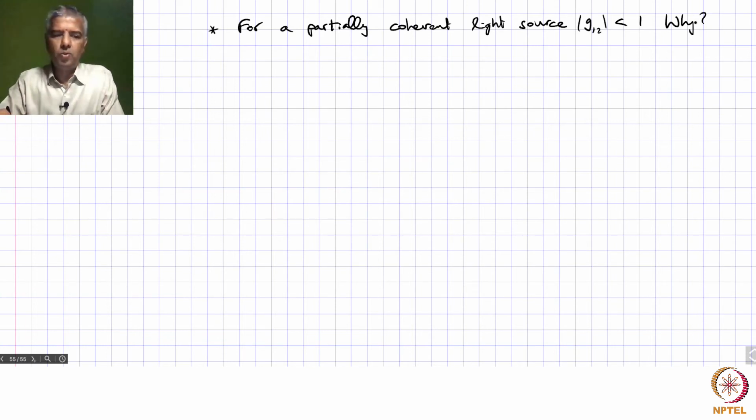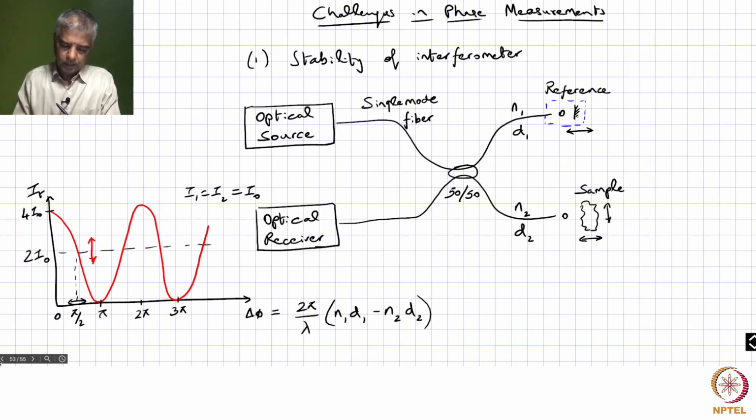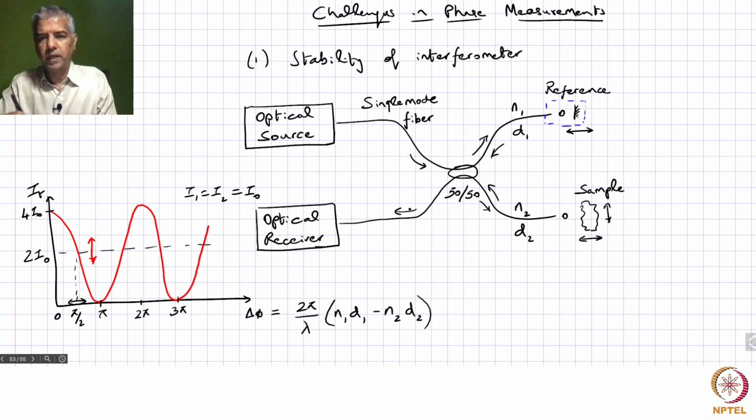Okay, and to do that you need to look specifically at what are the waves that we are interfering. In this sort of a setup, we are splitting a source wave into two. So we have this wave split into two, and the same is actually coming back and then we are looking at what we are picking up at the receiver.